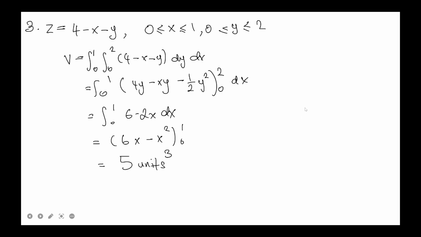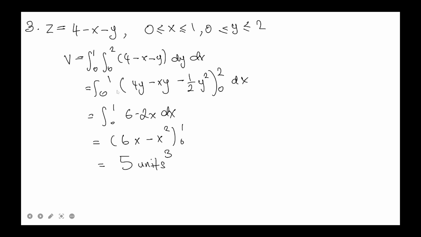For the third question, it is a plane z equals 4 minus x minus y. We have to integrate z, where x is between 0 and 1 and y is between 0 and 2. Find the volume by doing the double integral. You can choose any order of integration, but make sure the boundaries match the differentials.